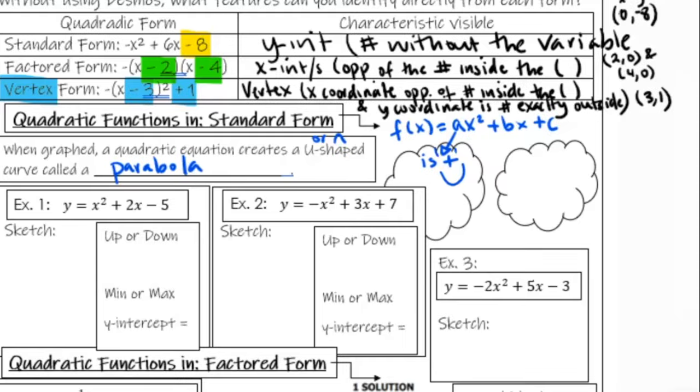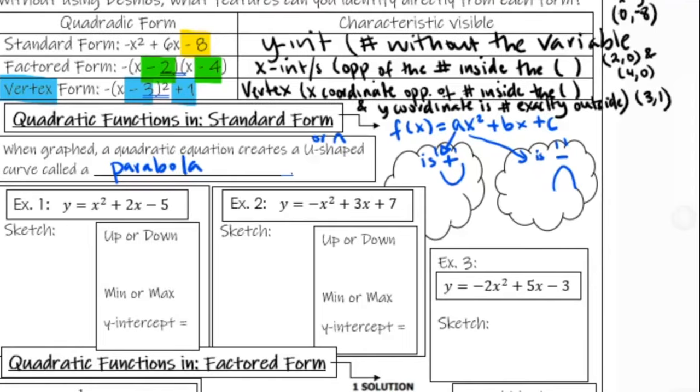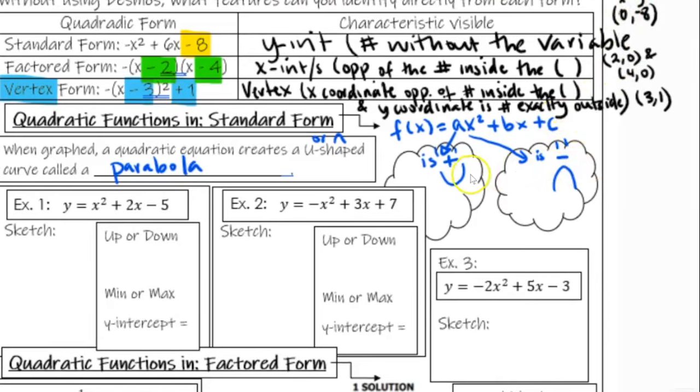Happy people. All right, so if A is positive, it is a U. Whereas if A is negative, negative people are unhappy people. So if A is positive, you're happy. If A is negative, you're unhappy. So that tells you it's a U if it's positive and it's an N if it's negative.